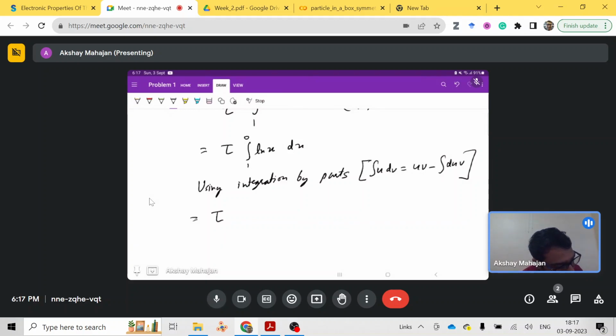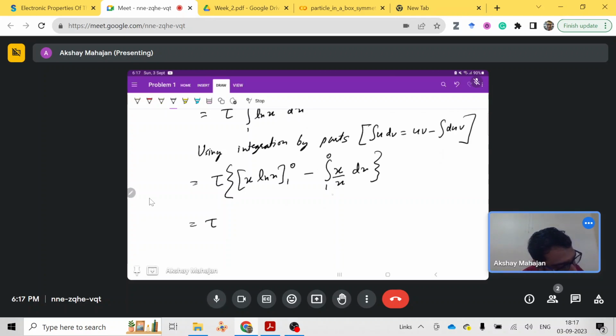So integrating 1 over x gives x ln x from 1 to 0, and then we have minus the integration of v, which is x, times du, which is 1 by x dx, from 1 to 0. The value of x ln x at 0 is 0, and at 1, ln 1 is also 0, so this term goes to 0.